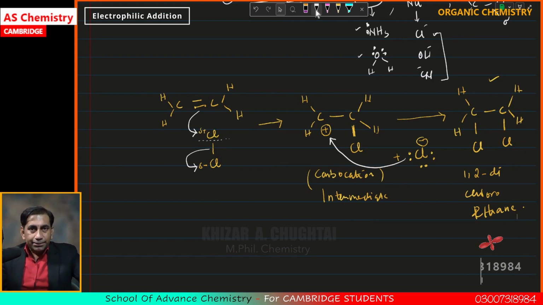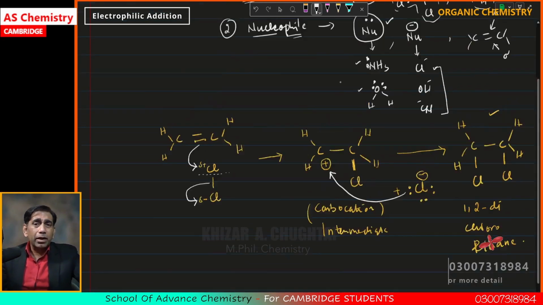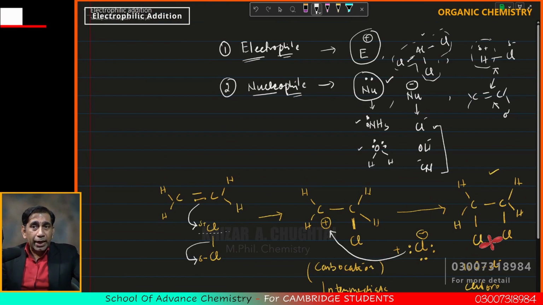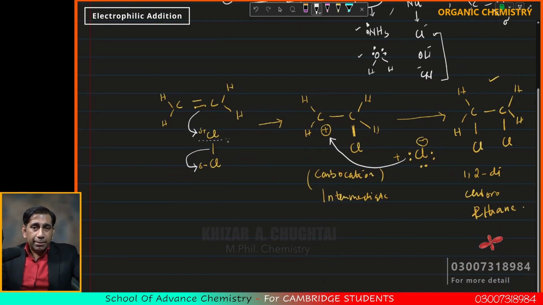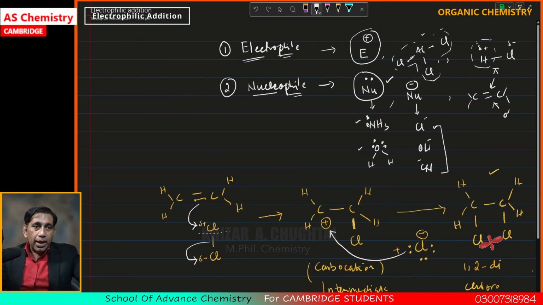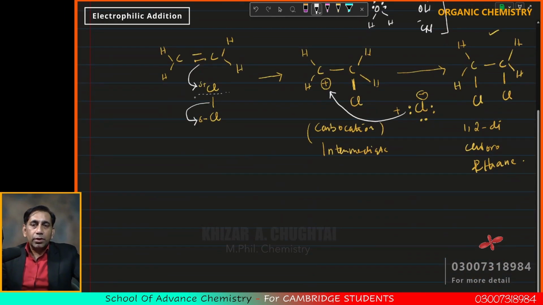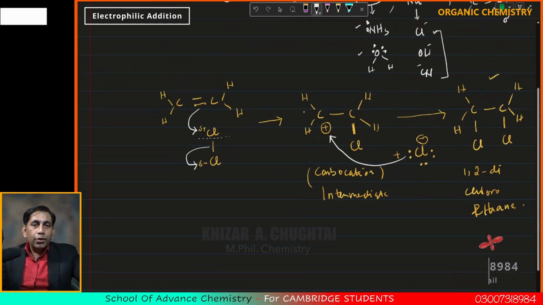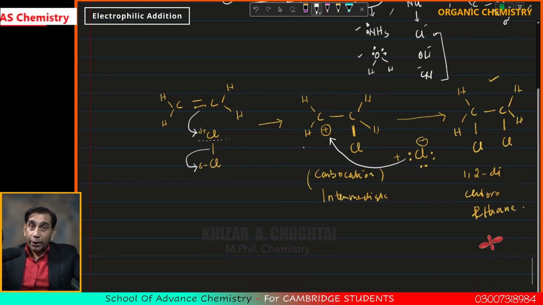The next thing is why its mechanism is said to be electrophilic addition. In the first step, this Cl is partial positive, and as I told you, any atom that is having partial positive charge is regarded as an electrophile. So in the first step, we are going to add an electrophile.